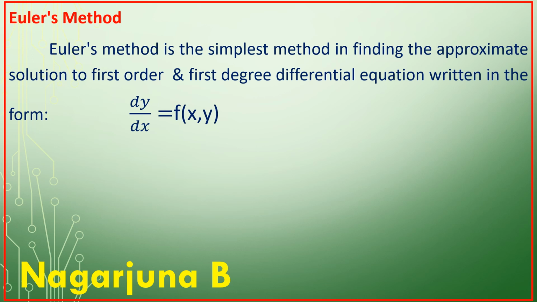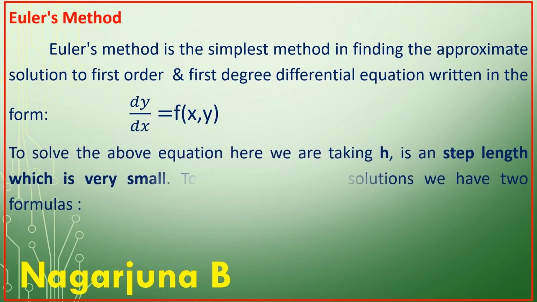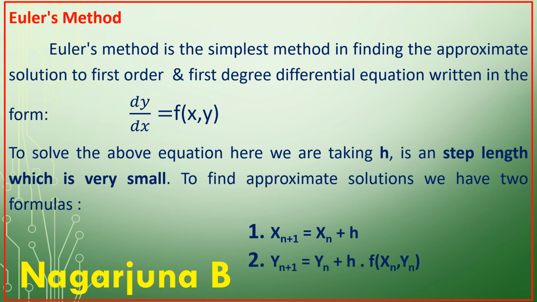In this one, we will be considering the value of h, the step length, which will be very small. Here we will be using two formulas. The first one is xn plus 1 is equal to xn plus h, and the second one is yn plus 1 is equal to yn plus h into f of xn comma yn.